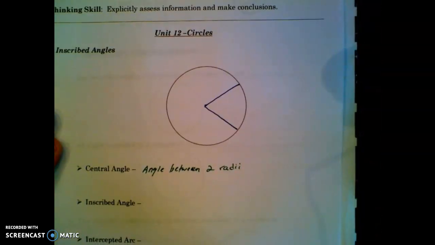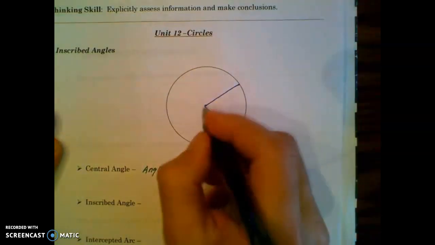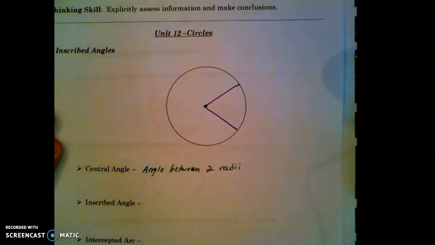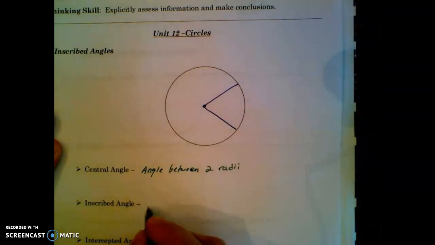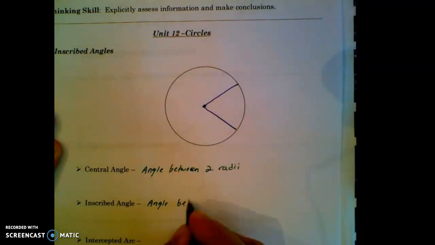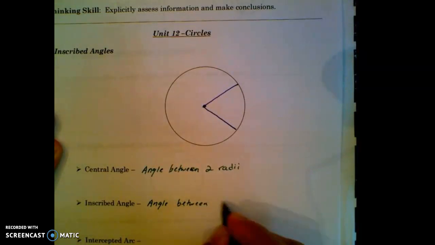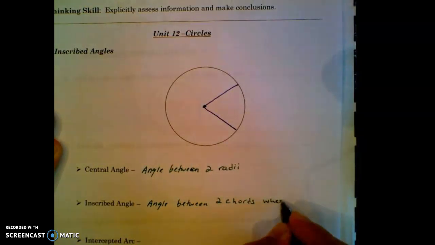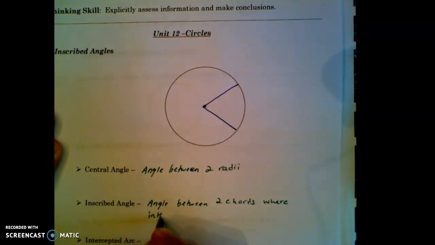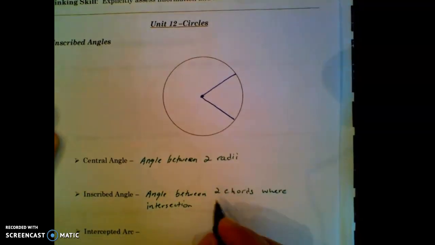So now I introduced an inscribed angle. A central angle has an angle at the center, and an inscribed angle has an angle on the circle. It's the angle between two chords where the intersection is on the circle.